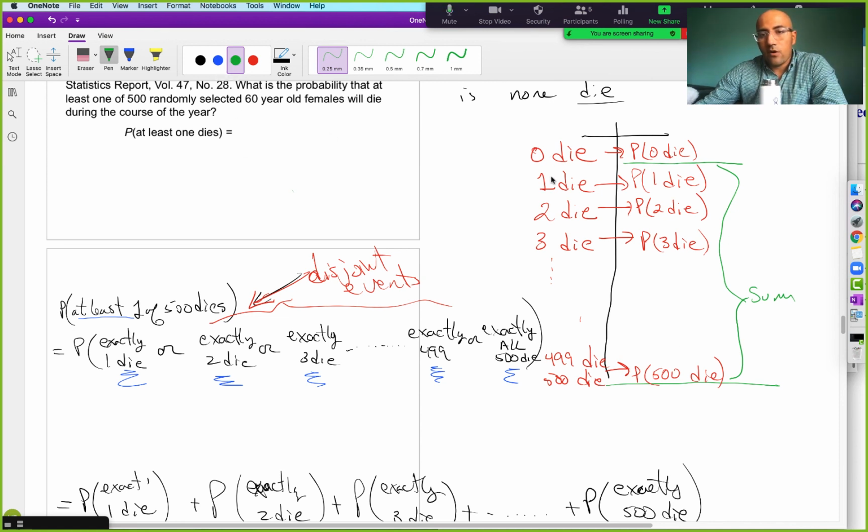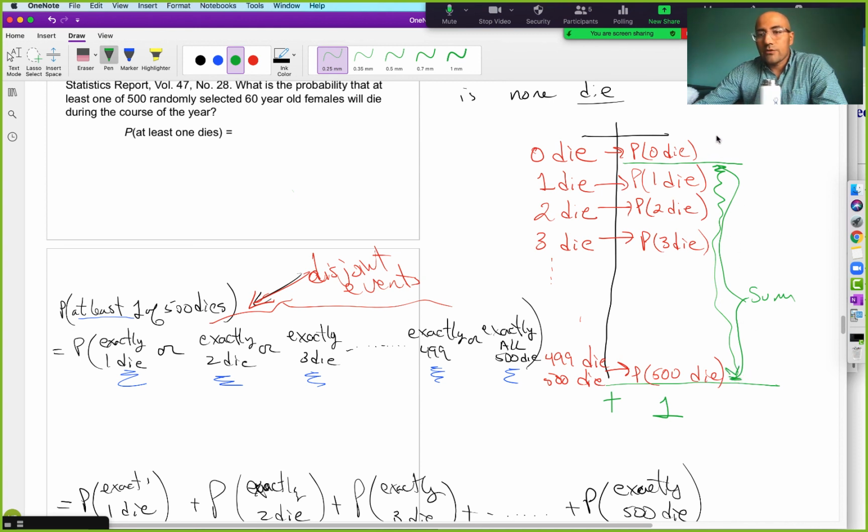It accounts for all possible outcomes when 500 women are observed for a year. Either 0 die or 1 die or 2 die or 3 die, dot, dot, dot, all the way up to 500. These probabilities, which I don't know, but I know they exist, there must be some probability for each one of these possible outcomes. I know that the sum of all of these must add up to 1, right? 100%. And I know that from here to here is the answer I'm looking for.